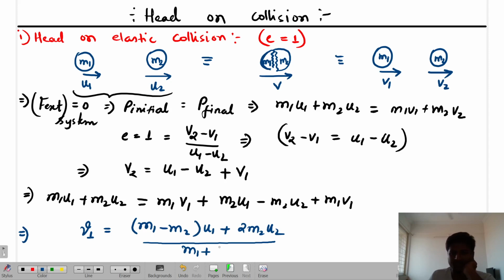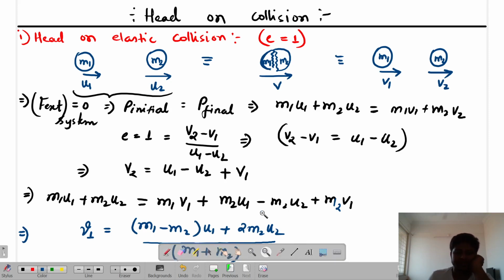Sorry, here it should be m2, so m1 plus m2. Are you able to get me or not? That is your relation. So v1 is twice m2 u2 plus m1 minus m2 into u1 divided by m1 plus m2. For v2, you can just replace this and interchange.